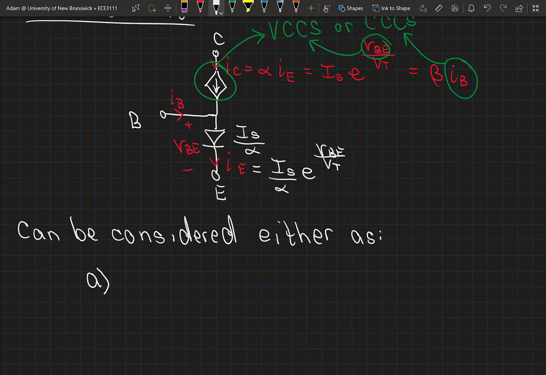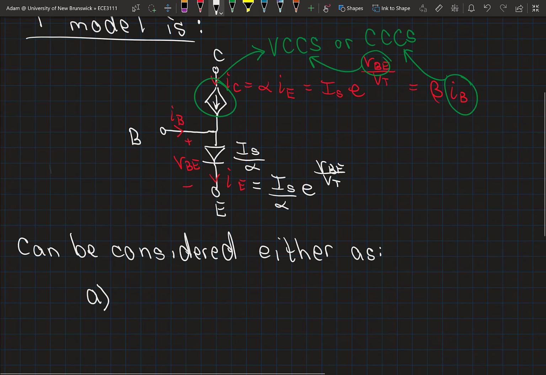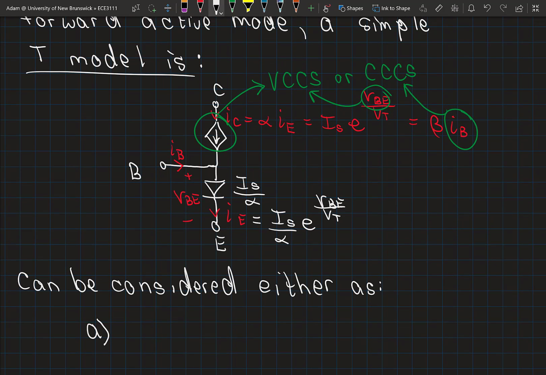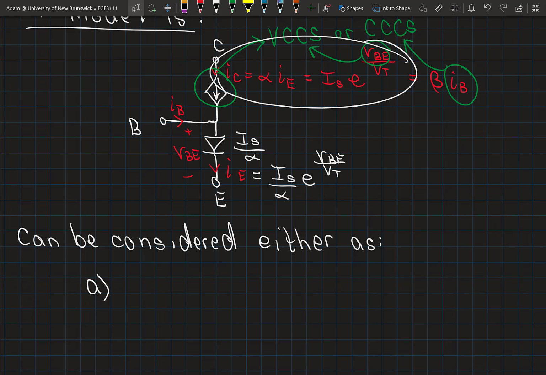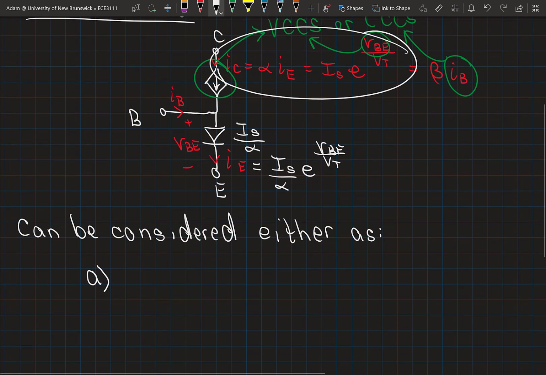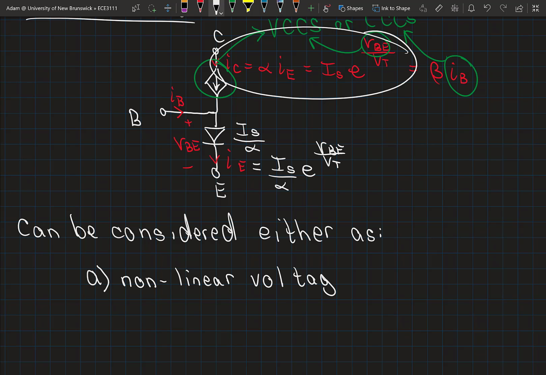If you look at the relationship here when we think of it as a voltage controlled device, we see there's an exponential term in there, so this relationship is nonlinear, so it could be considered a nonlinear voltage controlled current source.